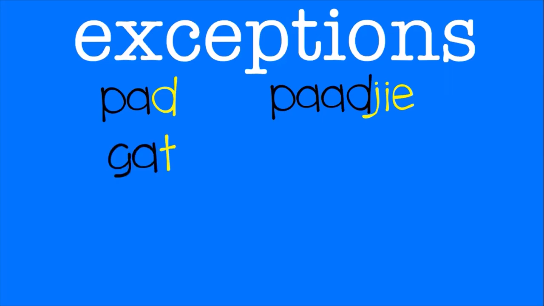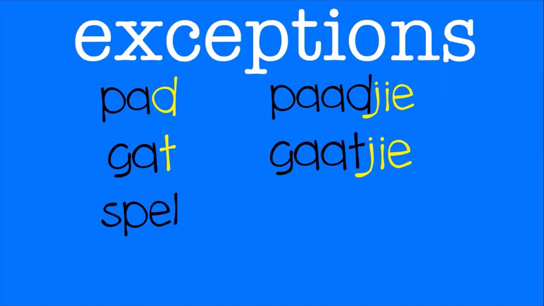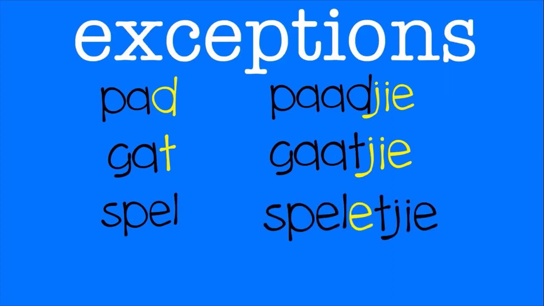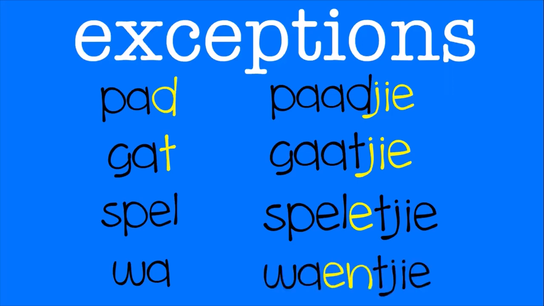Gat as well, we're not just going to put gat, the "ie", we double up the a. Gaatjie. Spel, it's a game or a match. You know this one, speelietjie. Speelietjie. And then wa, the wagon, make that small. We also know this word very well, a waantjie.